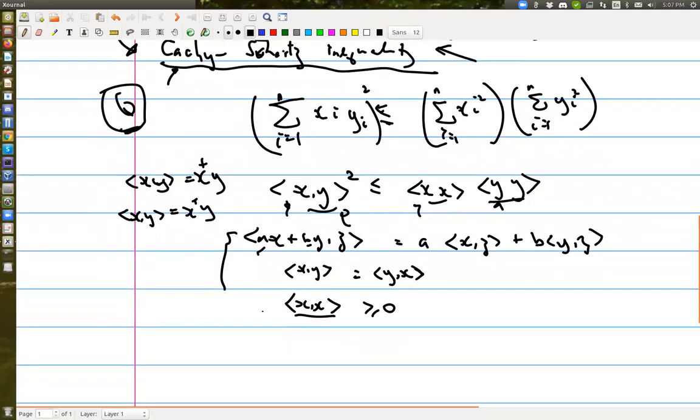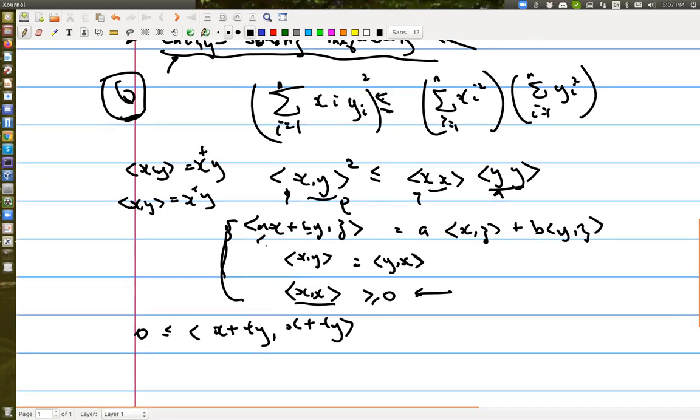This is basically just the definition of inner product. Now I can consider, for example, the inner product of X plus tY with X plus tY. This has to be bigger than or equal to 0 because of this property. Because of linearity, I can expand it.